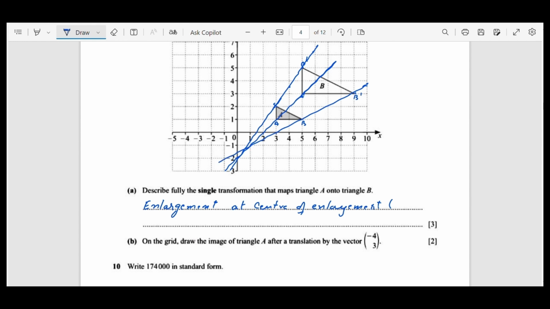So it will be 1 and minus 1. So center of enlargement will be, I think I have not done this correctly. Let me do it again.